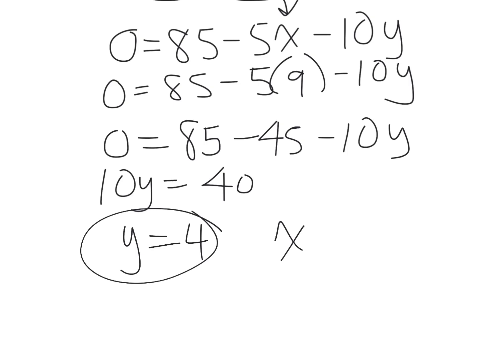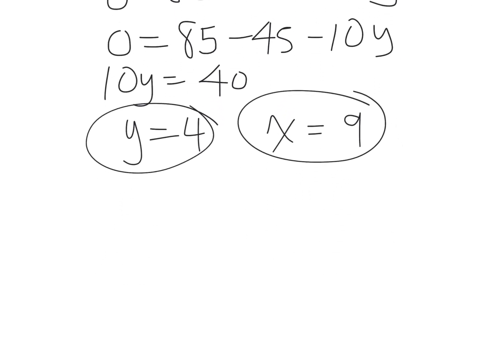So I have x equal to 9 and y equal to 4. So yes, in order to maximize the revenue, I would sell 9 solar heaters, 9 spas and 4 solar heaters.